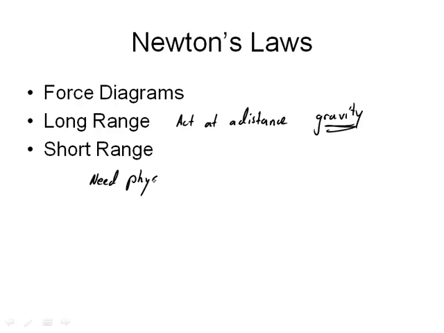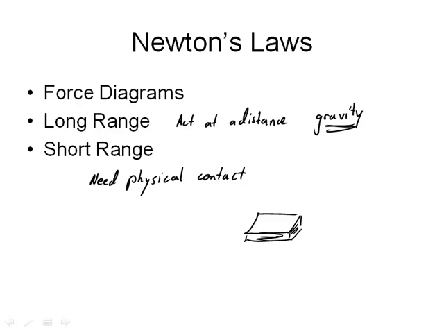They need physical contact. Now, this is a really important concept because the idea here is that a short-range force can't work unless it's touching the object. And so when you look at an object, for instance, a book sitting on a table, it only has one thing touching it, and that's the table.